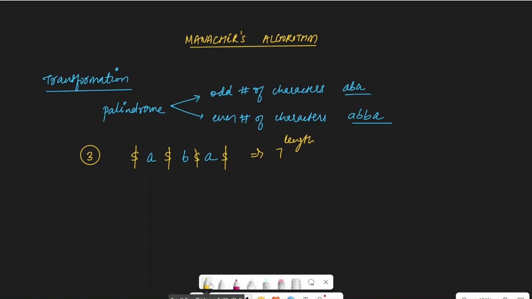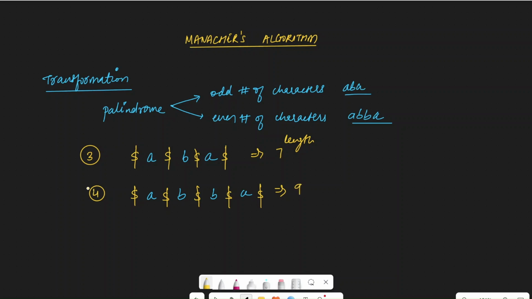Now let us take our second string, which is ABBA. Currently it is 4 characters. I'm going to add a dollar sign before and after each of these characters, and now if we count the number of characters, 1, 2, 3, 4, 5, 6, 7, 8, 9.